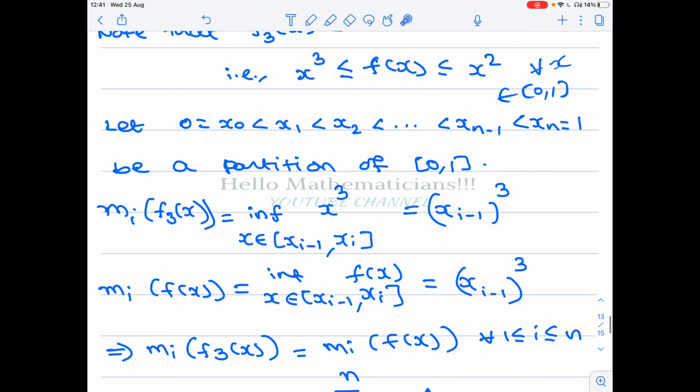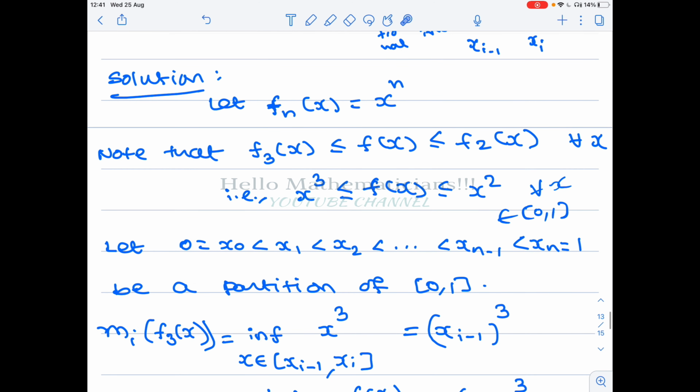Therefore, for a rational x we get x cube less than or equal to f of x equal to x square. In particular, this inequality is preserved. If x is irrational, then f of x will be x cube, so we get equality on this side, but again the points are in [0, 1], so x square will be greater than or equal to x cube. Okay, so we get this inequality.